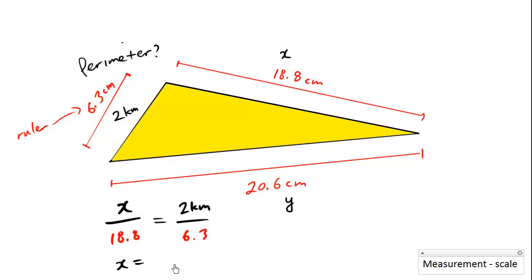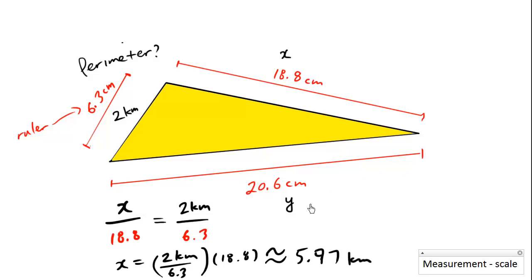So you can also say that x is equal to 2 kilometers over 6.3, all multiplied by 18.8, because when we multiply both sides by 18.8, these cancel out, leaving x all by itself. So this is approximately equal to 5.97 kilometers.